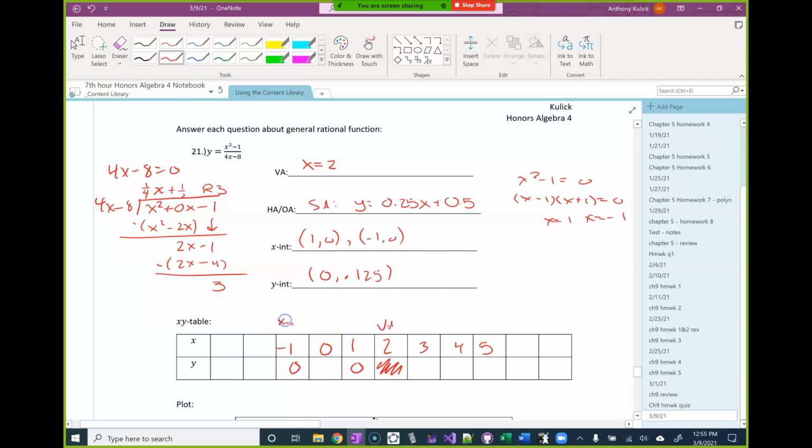So here I didn't use the whole table since I had just the one vertical asymptote. I didn't bother with it, but you could have if you really wanted to use all the points. It wouldn't hurt anything.